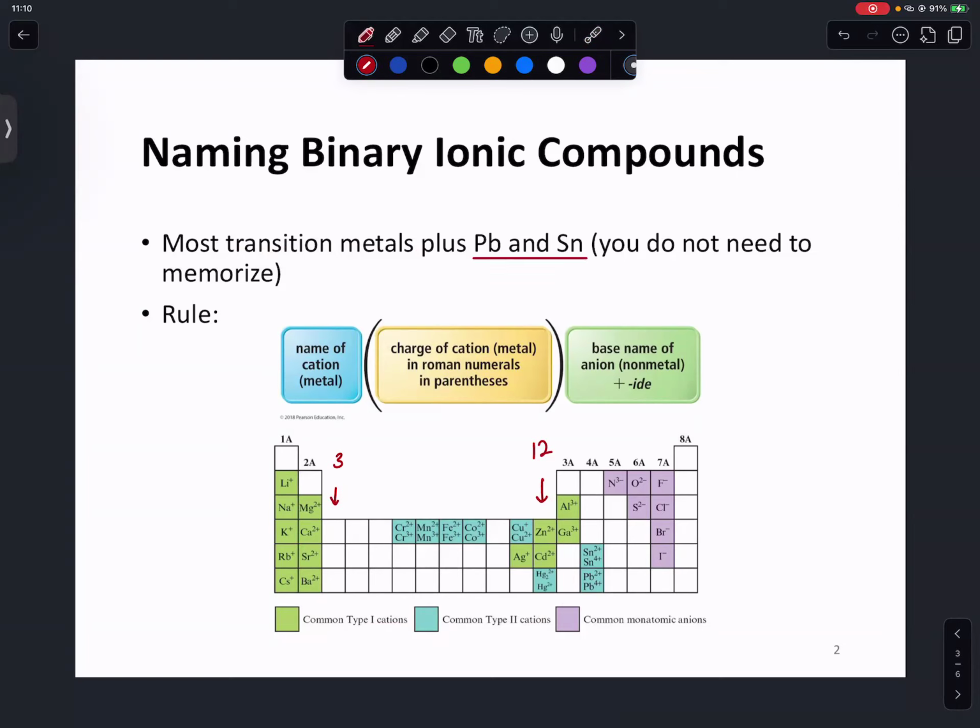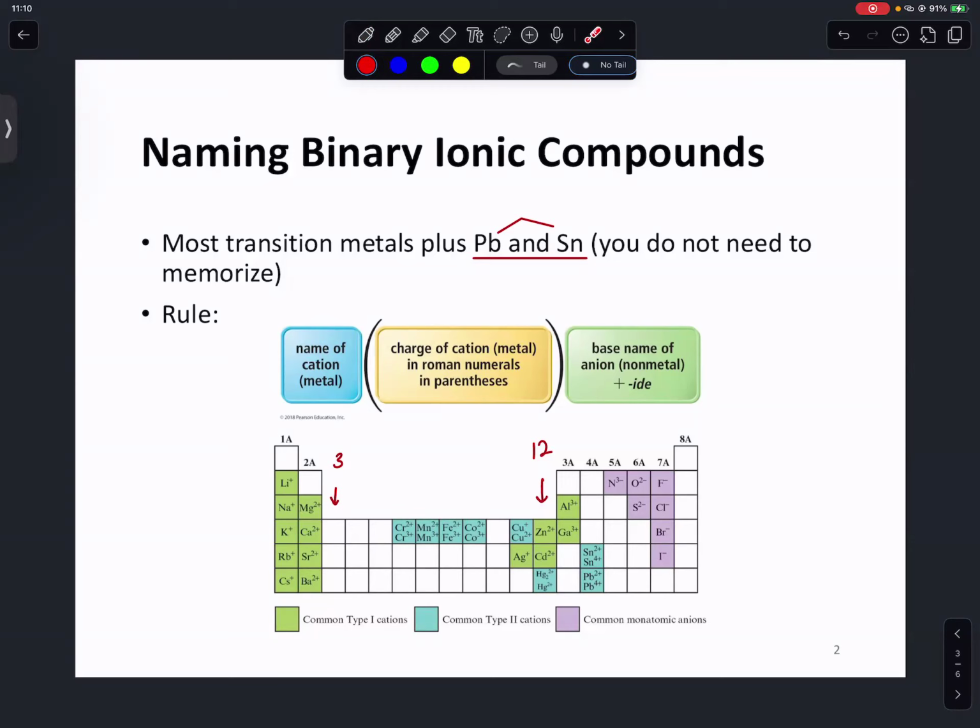Now, it's easy, you do not need to memorize. Maybe just keep in mind that lead and tin are going to be included. And let's get into the rule for naming these ionic compounds.